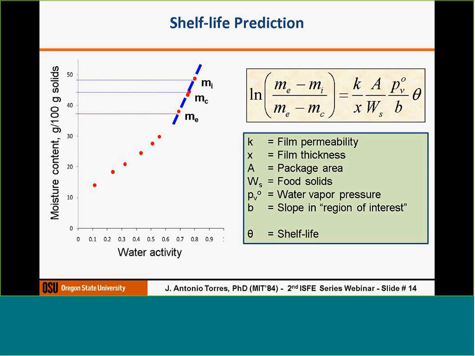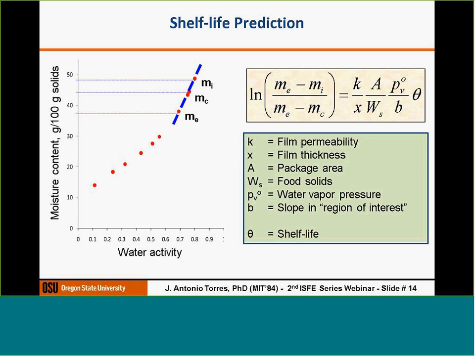This P0 is an expression as a function of temperature, so here we could put temperature 1, 2. We are not interested in the behavior here, but only in the area of interest from MI to ME, and that would be the shelf life that I'm trying to estimate.